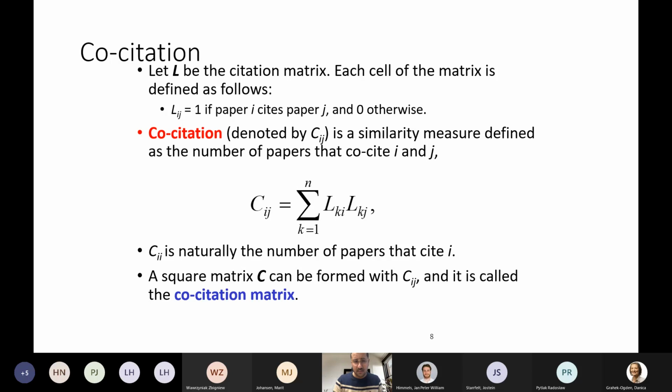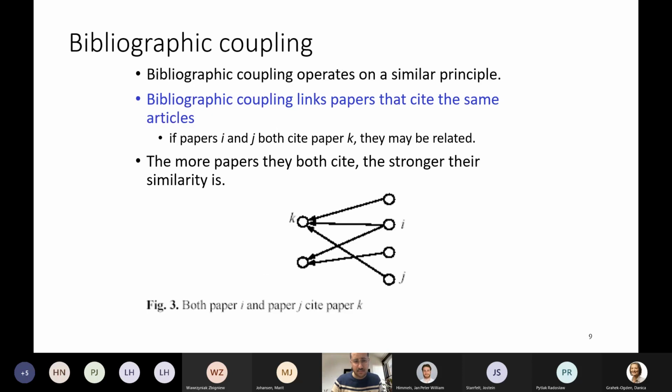Lij is equal to 1 if paper i cites j. The co-citation can then be computed using simple algebra, based on this L matrix that we call the citation matrix. It's very simple algebra.